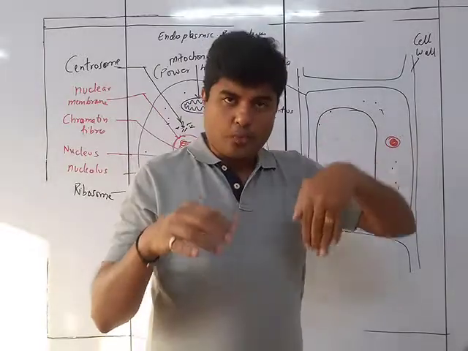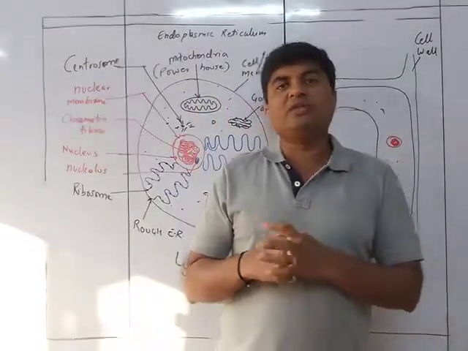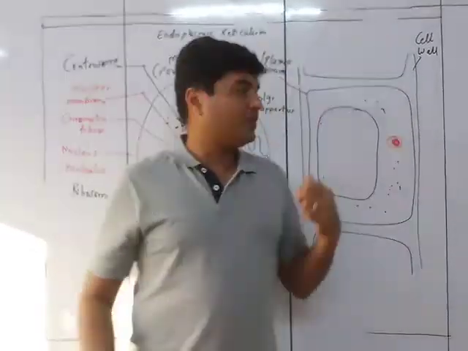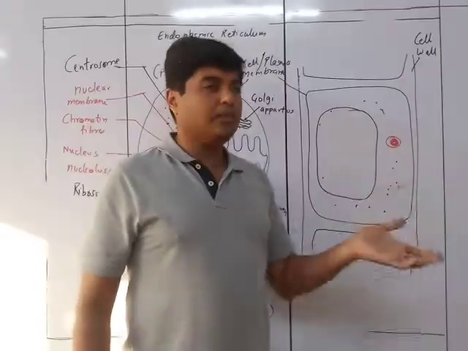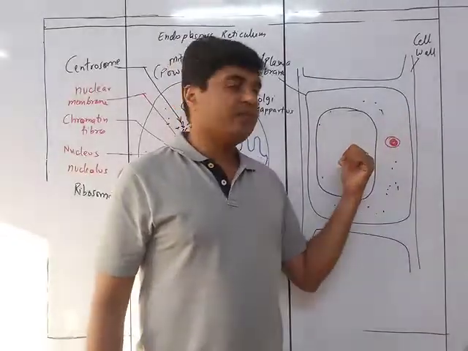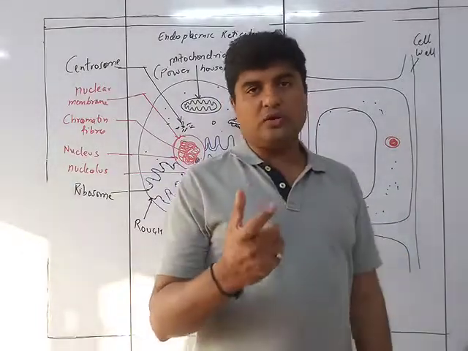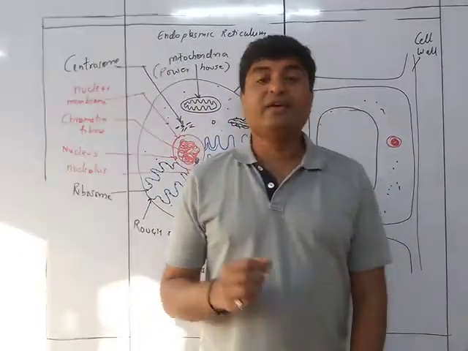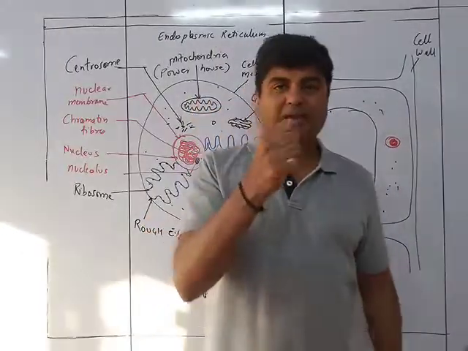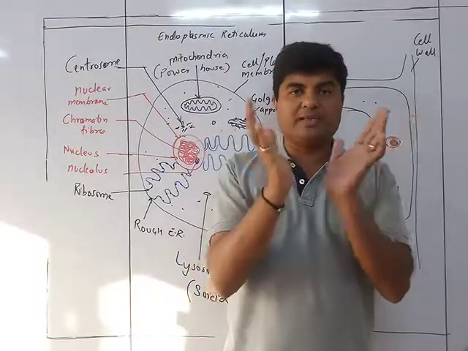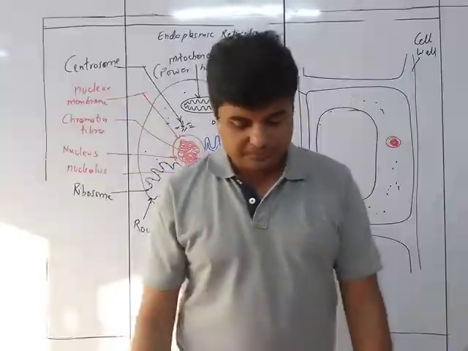That means drooping. So the drooping condition of the leaves is because the vacuoles are empty, and the blossom condition of the leaves is when the vacuoles are full. So the main important part is that vacuoles give turgidity. Turgidity means stability or strength, or we can say blossom condition to the cell.